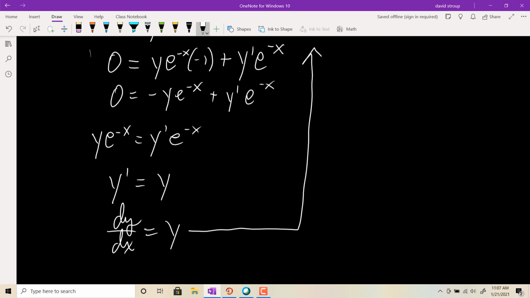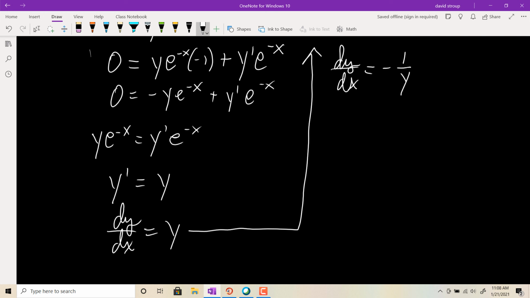If you think back to your algebra days, you knew two lines were perpendicular if the slopes were negative reciprocals of each other. So you take that formula, dy over dx equals y, and rewrite it as dy over dx equals negative 1 over y. You just flip the right-hand side and make it negative, and then solve that, and that'll give you your family of solutions.